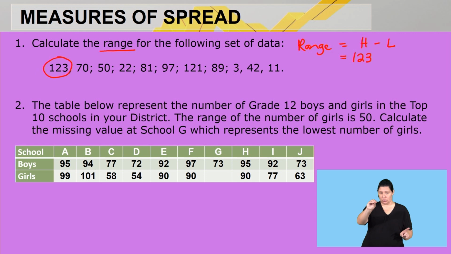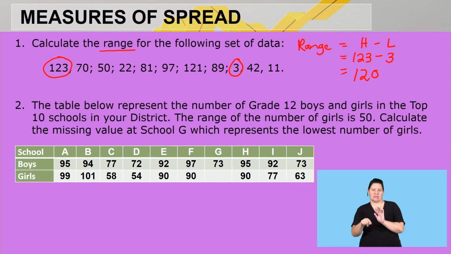Highest value is 123. And then looking at the lowest value, that should be then 3. So I'll say 123 minus 3, so that gives me an answer of 120. Okay, so that's straightforward. 123 minus 3 equals 120.